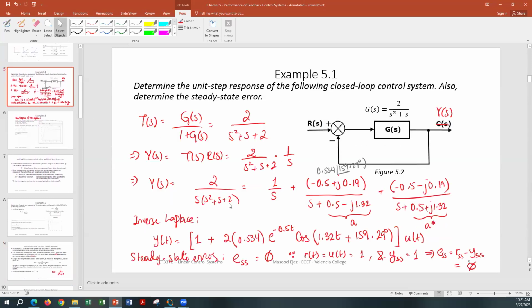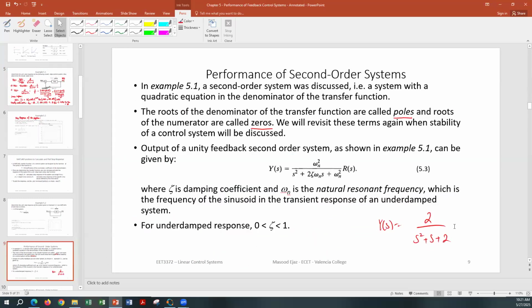If you compare these two, then you can determine the value of omega n, which is the natural resonant frequency, the frequency with which your oscillations are going to happen, and zeta is the damping coefficient.